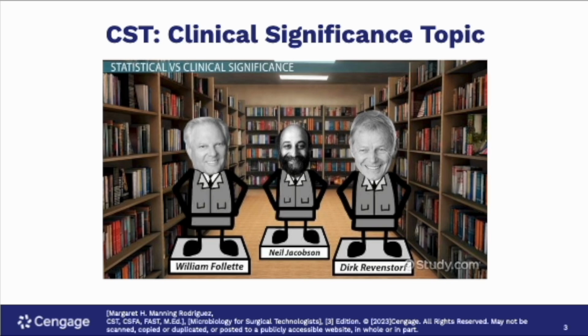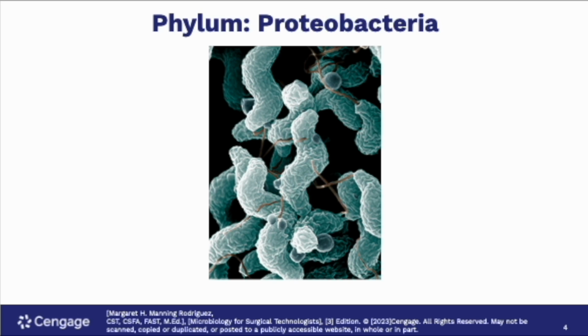Now let's get into the chapter. We're going to start off with phylum Proteobacteria. It is a large group of gram-negative bacteria with classes alpha, beta, gamma, delta, epsilon, and zeta, containing some of the most harmful bacteria for humans.